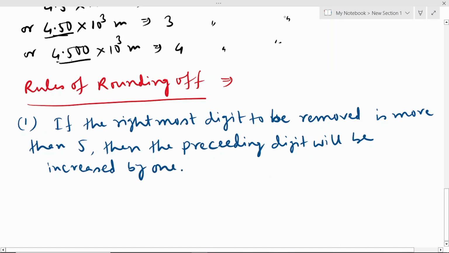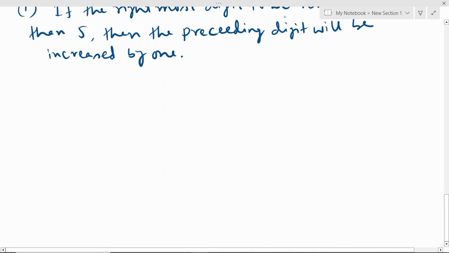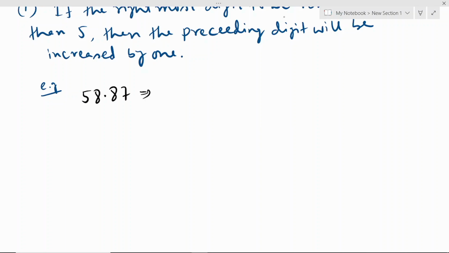Suppose 58.87. This number contains 4 significant figures, and if we are asked to express it in 3 significant figures, then we have 58.8, but the 7 that is removed is greater than 5. So the preceding digit, that is 8, will be increased by 1, that is 58.9. That is the rounded off result.